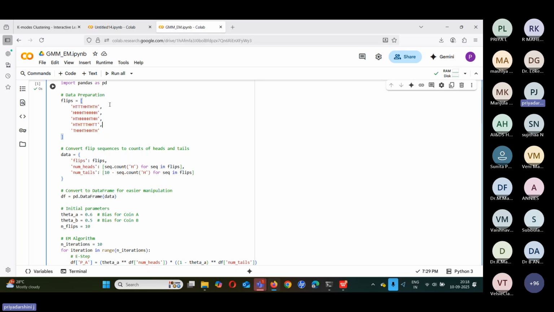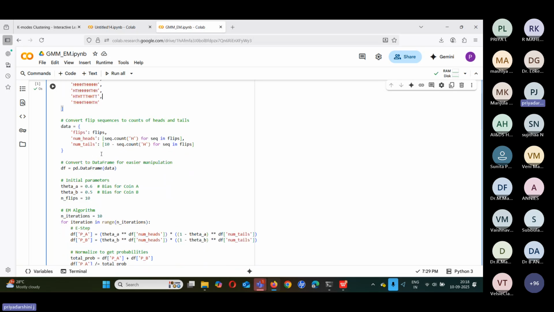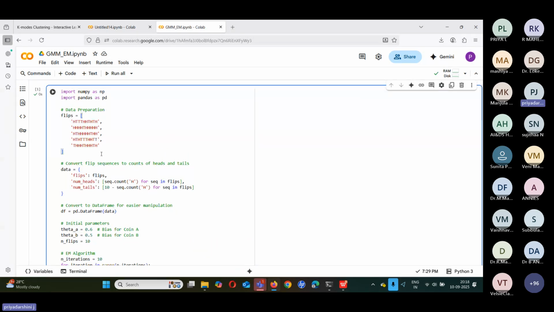So when I'm making the flips, we are trying to find out what will be the probability of occurrence of head or tail. So that is what we are trying to find over here.